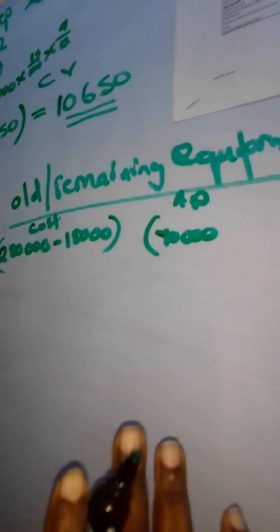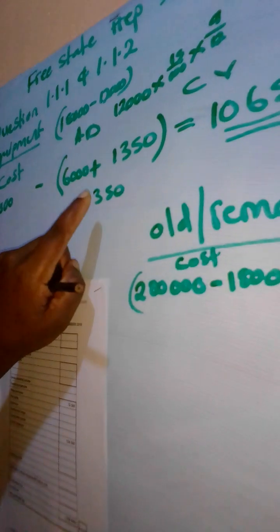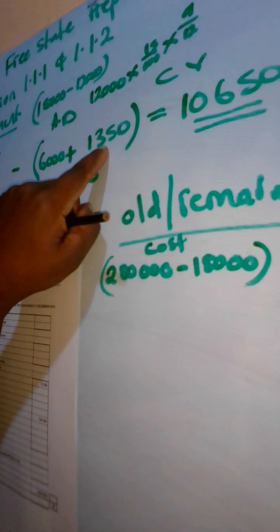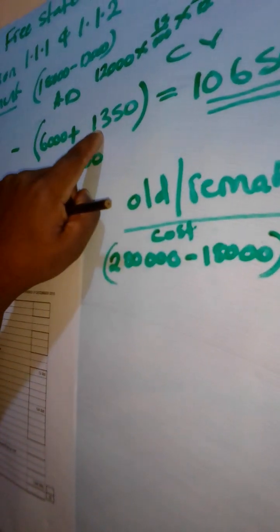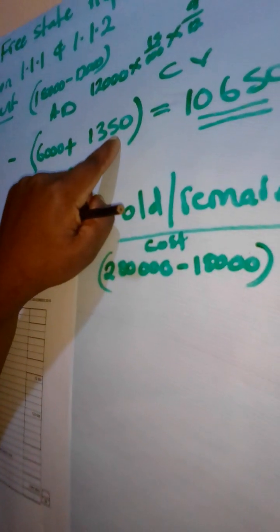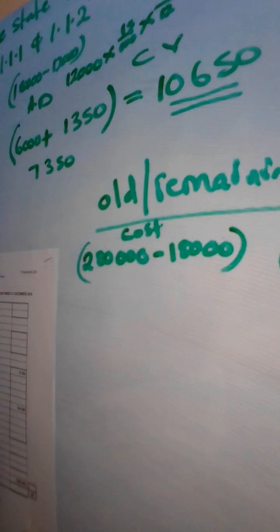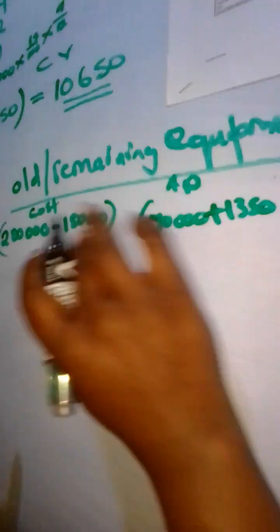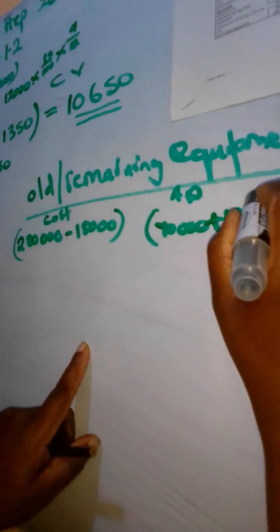And then the accumulated depreciation that we calculated for the asset that was sold. At this moment we saw that it was only 1,350, the depreciation that we added. So we are supposed to simply say plus 1,350 so that we can get the total depreciation.